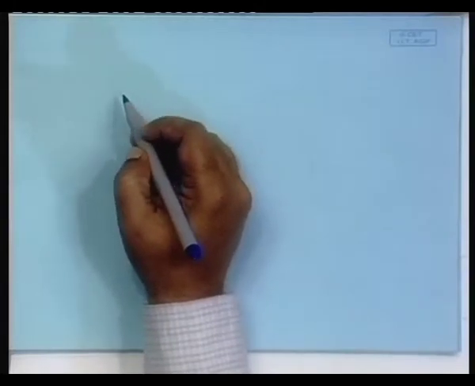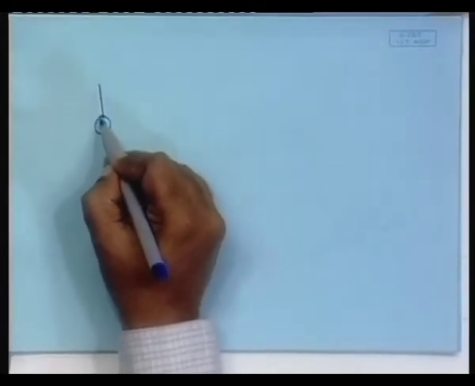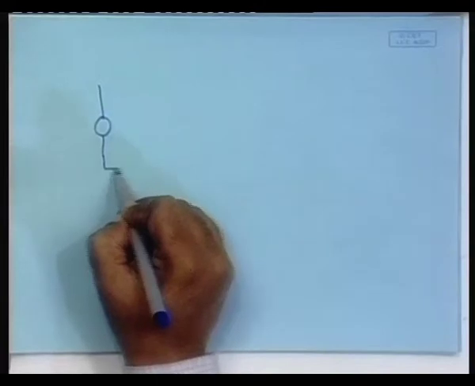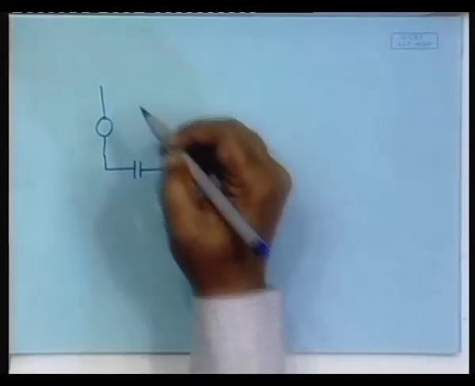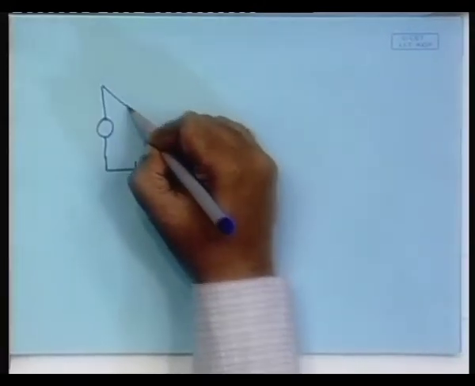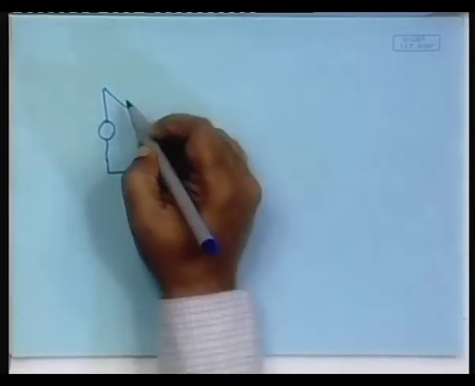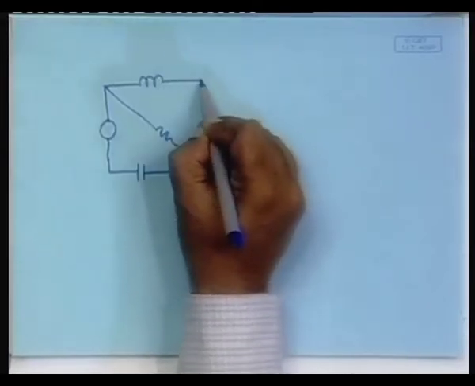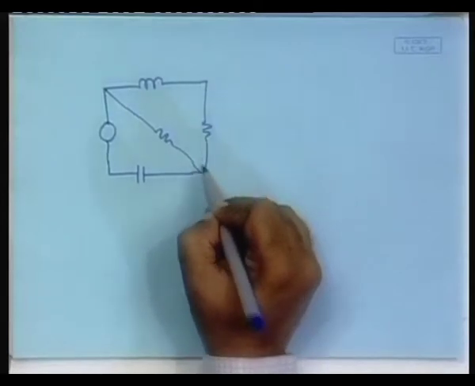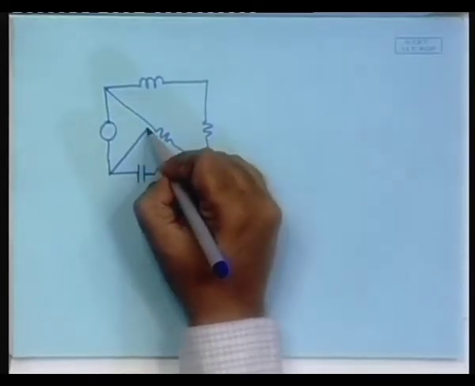Fine. One important exercise is where you identify the problem where, okay, let us first draw the circuit. Capacitor, supposing there is a resistor here, an inductor here, a resistor here, and there is a capacitor here.